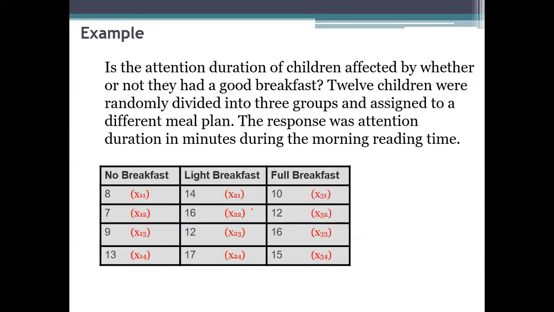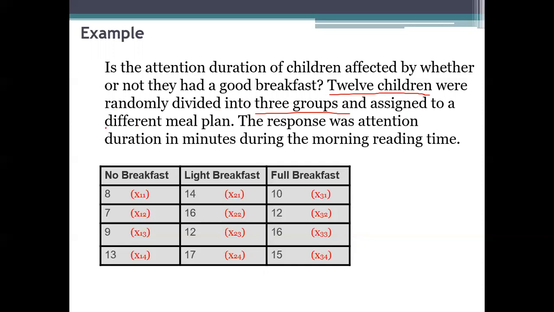Okay, so let's discuss the first example. Is the attention duration of children affected by whether or not they had a good breakfast? 12 children were randomly divided into 3 groups and assigned to a different meal plan.